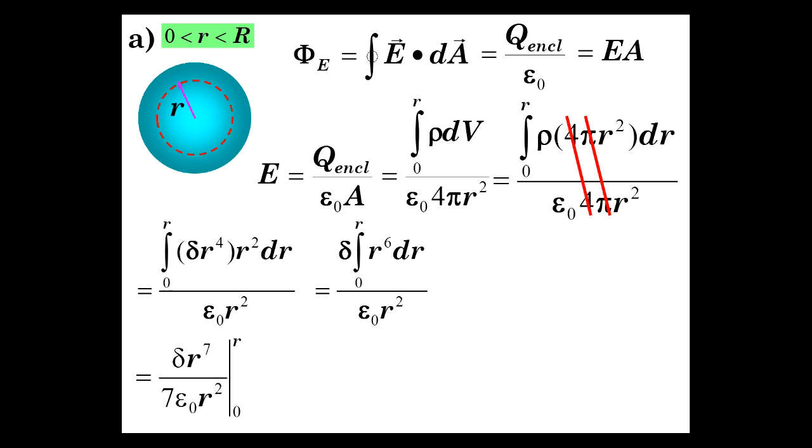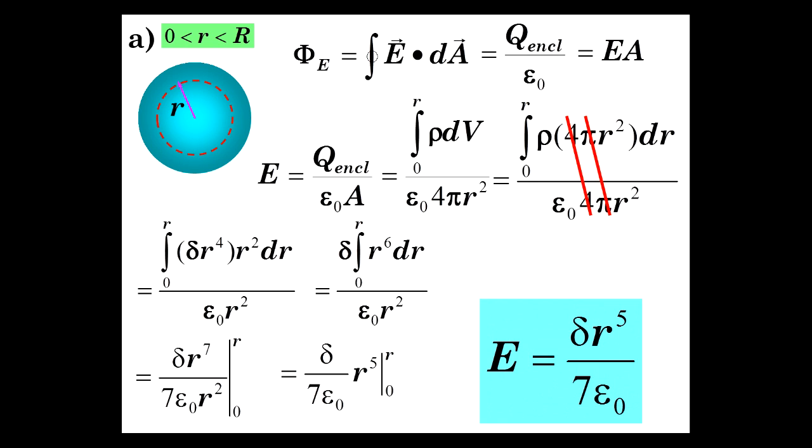And now we can eliminate two of those r's, and we have delta over 7 epsilon 0 r to the 5th, which gives us our result that the electric field inside the non-uniformly charged non-conducting sphere is delta r to the 5th over 7 epsilon 0. And now let's find it in the rest of space.